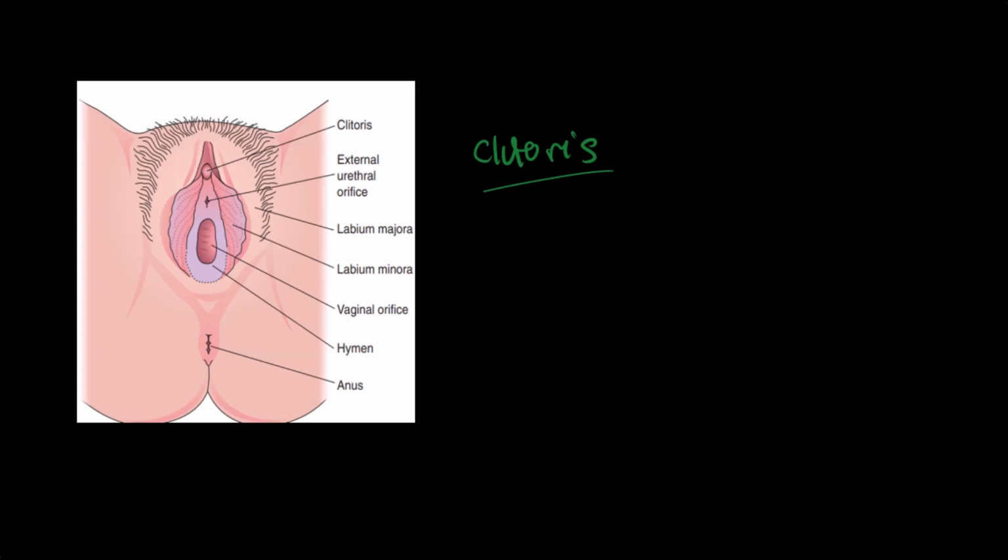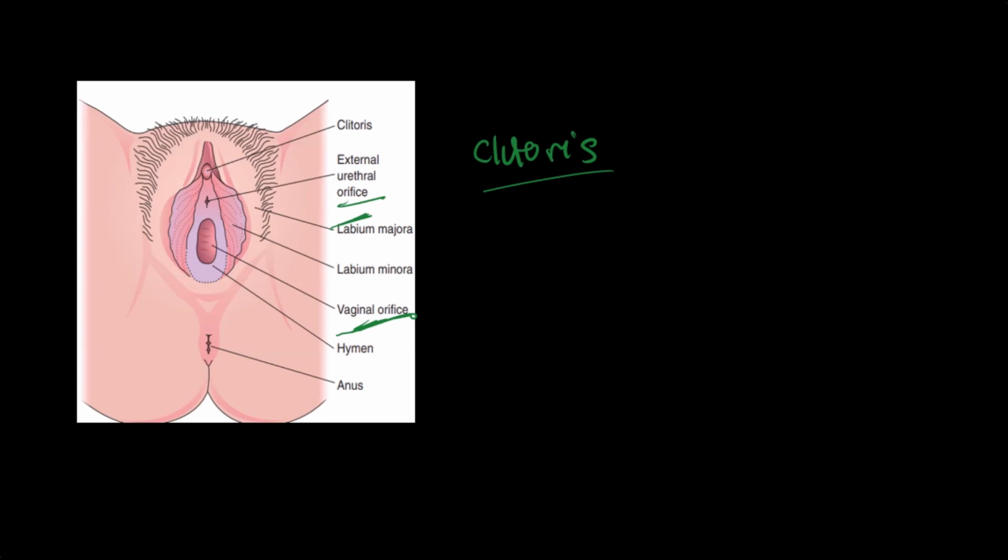So women pee from a different orifice, and the menstrual flow or menstrual blood flows through the vaginal orifice and not the urethral orifice. So there are two openings, the vaginal orifice and the urethral orifice.